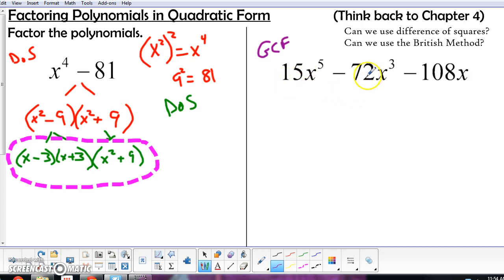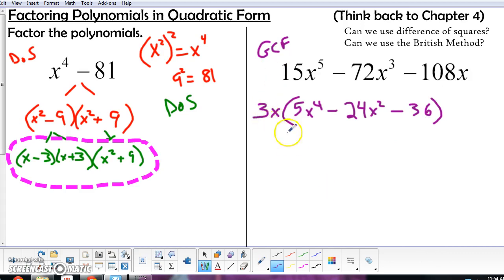So between 15, 72, and 108, I think 3 goes into all of those. And x to the fifth, x cubed, and x to the first, I believe that x to the first goes into all those. So I'm going to start by factoring out 3x because that's my greatest common factor. That will leave me with 5x to the fourth minus 24x squared minus 36 at the end here.